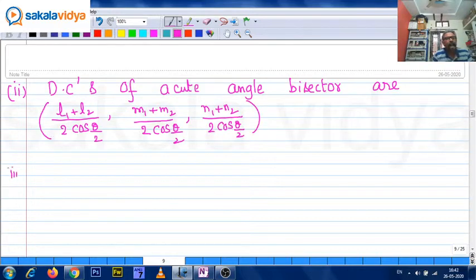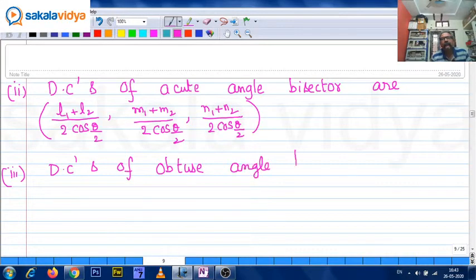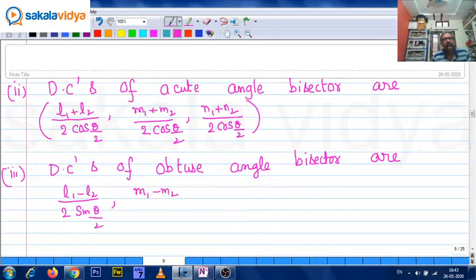Next, third point, direction cosines of the obtuse angle bisector are L1 minus L2 upon 2 sin of theta by 2, M1 minus M2 by 2 sin theta by 2, N1 minus N2 upon 2 sin theta by 2.